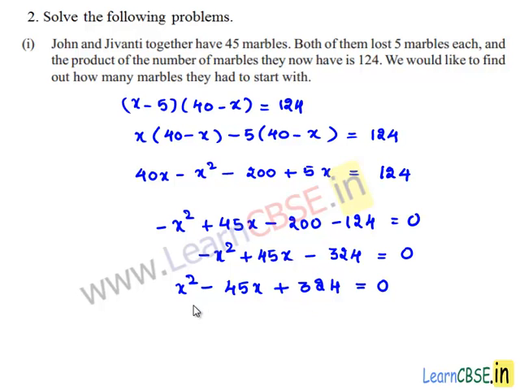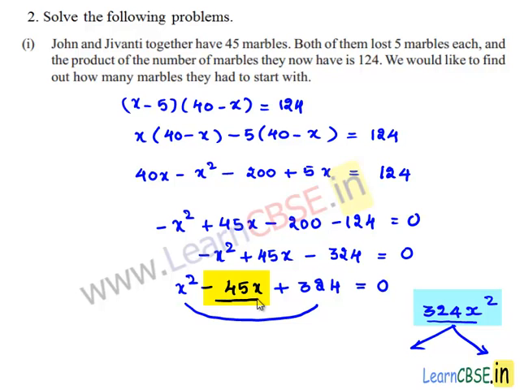Now the product of the first and last terms is 324x square. We need two terms such that their product must be equal to 324x square and their sum must be equal to minus 45x. Let us take 36x and 9x.